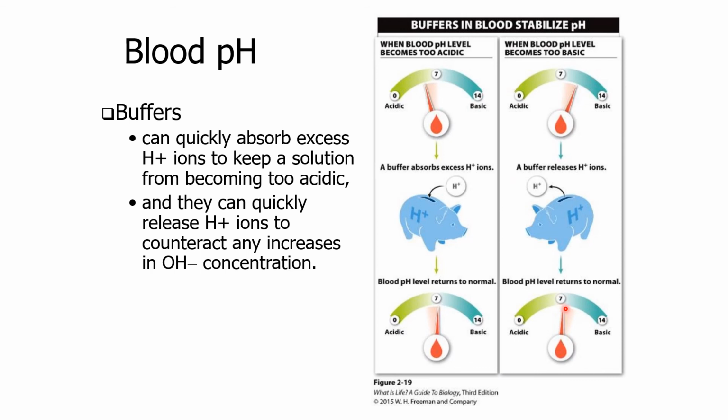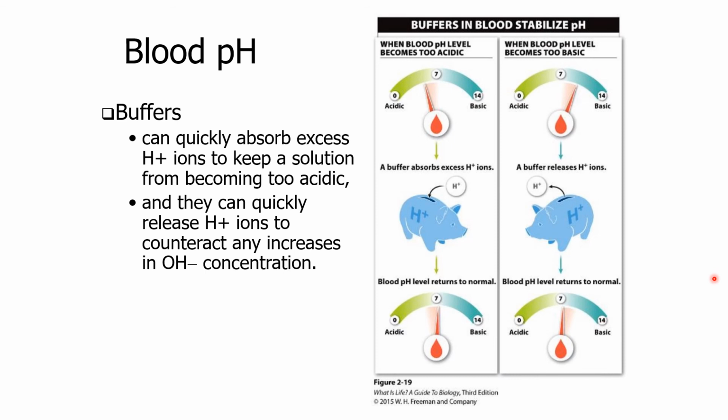returning it back to 7. So the way buffers work is if the solution is becoming a bit acidic in your blood, the buffers are going to absorb hydrogen ions out of your blood. If your blood's pH is headed towards being basic, your buffers are going to release hydrogen ions in your blood.